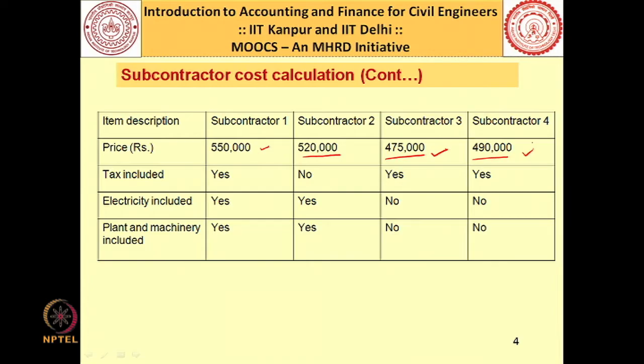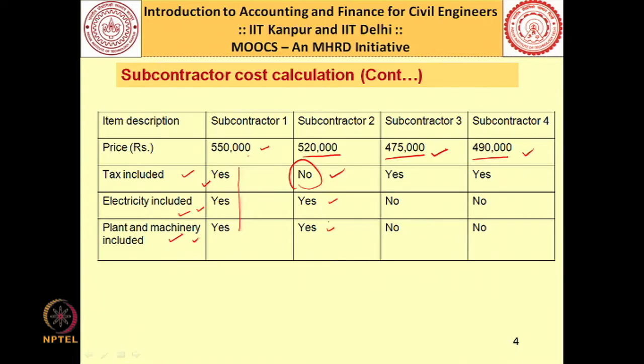Now, if you look at these heads, taxes, electricity, plant and machinery, you will find that subcontractor 1 has considered all of them. So, his price includes the taxes, the electricity, and the plant and machinery. But when it comes to subcontractor 2, he has not included the taxes in his rates, but he has included the electricity and the plant and machinery cost.